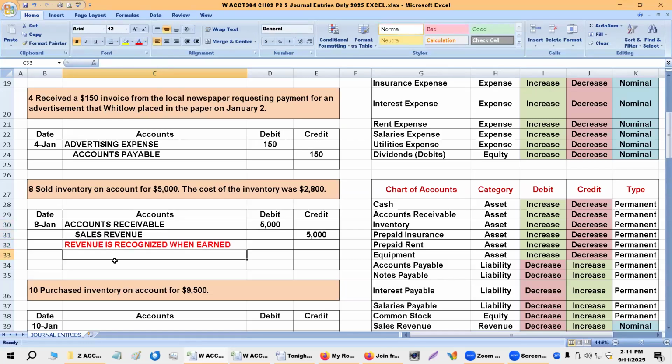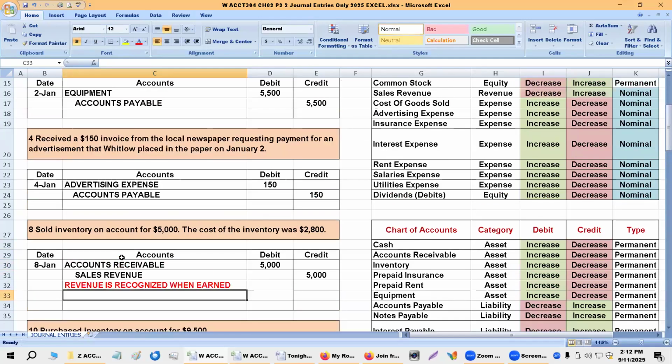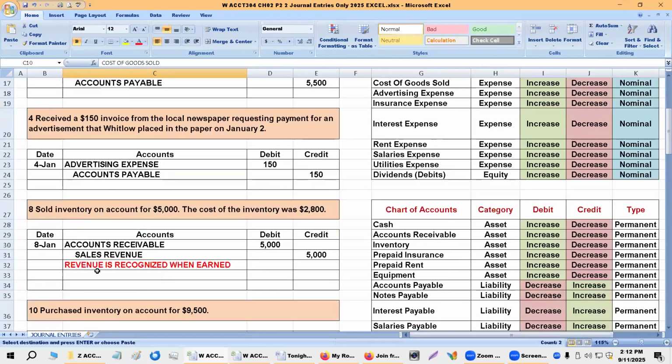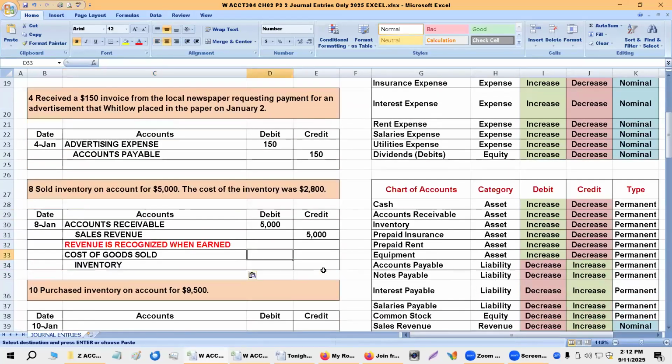Okay, now we have to take it out of what? Inventory. So we have what? Cost of goods sold. That's going to be the same as up here. Hey, I could be lazy and copy that. 2,800.